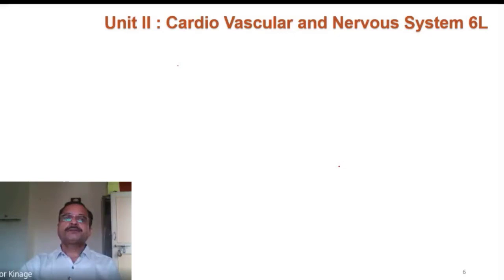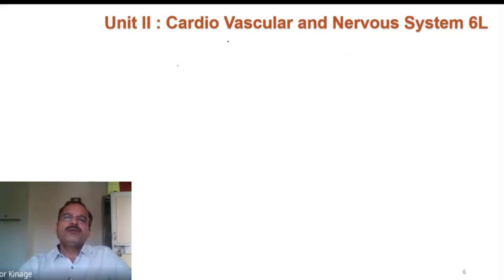Then in unit number 2, we'll study the cardiovascular and nervous system. Now the terminologies you might have heard. Cardio means it is related to the heart. And the nervous system is about the brain and all the different types of networks of nerves existing in our body.